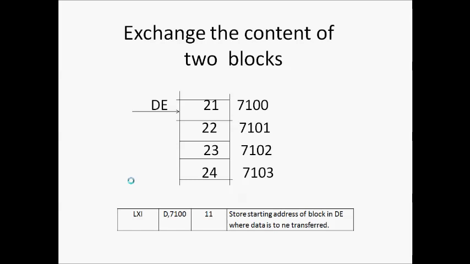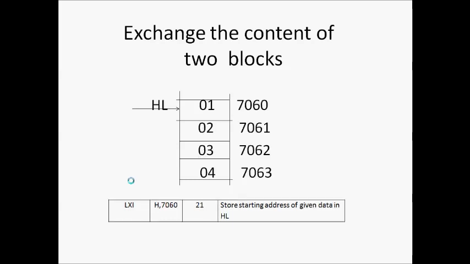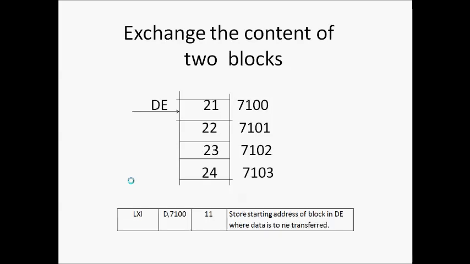Next, initialize the DE pair with memory address 7100. The HL pair holds contents 01, 02, 03, 04 at memory addresses 7060, 7061, 7062, 7063 respectively.